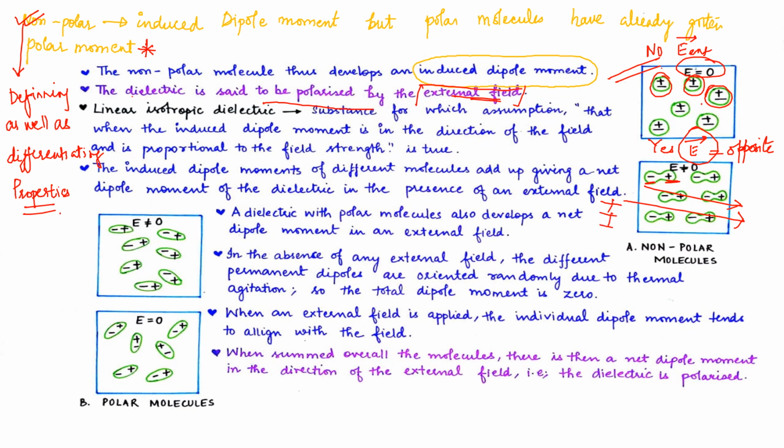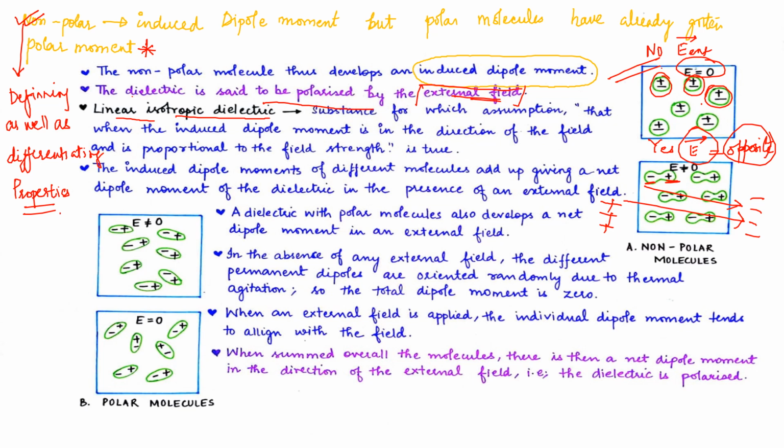Here is the positive and here is the negative. So they got segregated, and every charge got polarized. Each and every charge present in a non-polar molecule gets polarized. So such substances where we get 100% efficiency are called linear isotropic dielectrics.